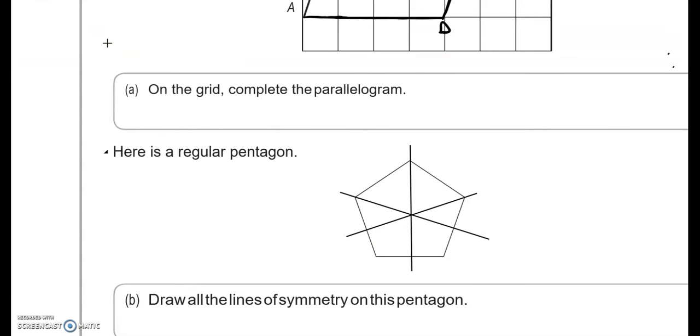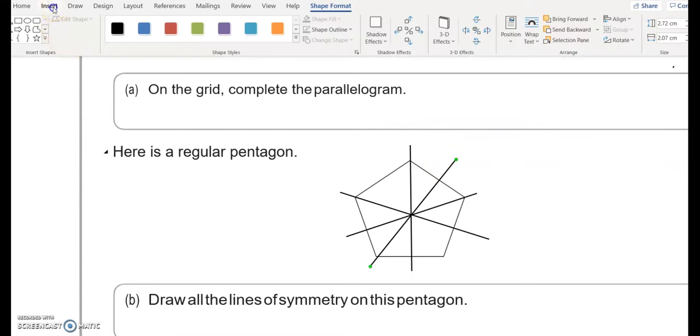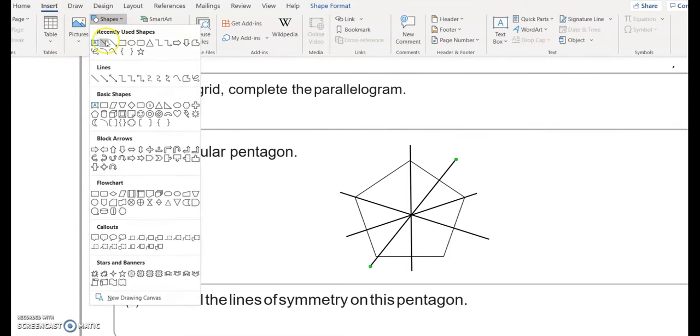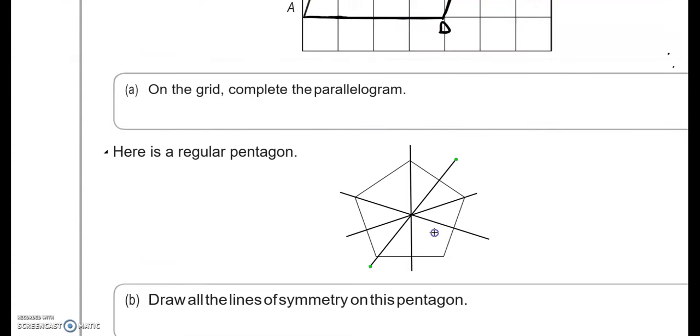There will be 5 in total. And we have the 5 lines of symmetry for this pentagon.